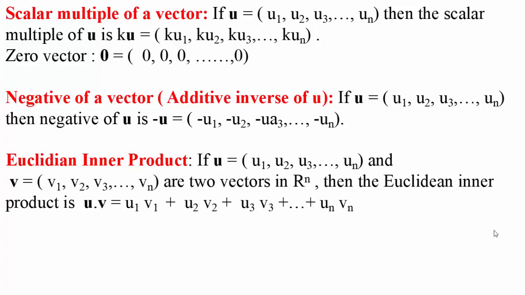Now we define Euclidean inner product. For that we take two vectors.